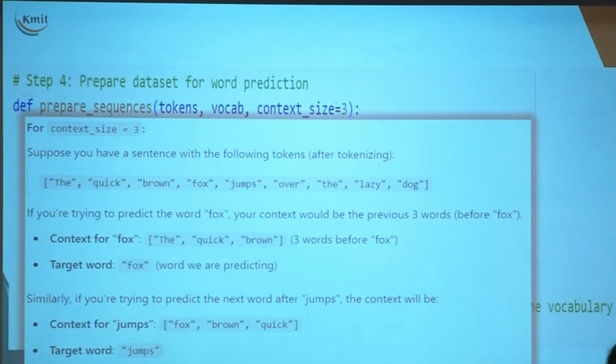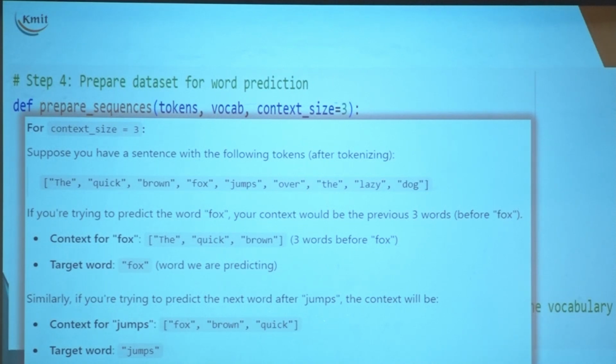Now, for context size equal to 3, for an example, after tokenizing one sentence, let's say the sentence was the quick brown fox jumps over the lazy dog. It will tokenize it. And if you are trying to predict fox, the context should be the 3 words before the fox.